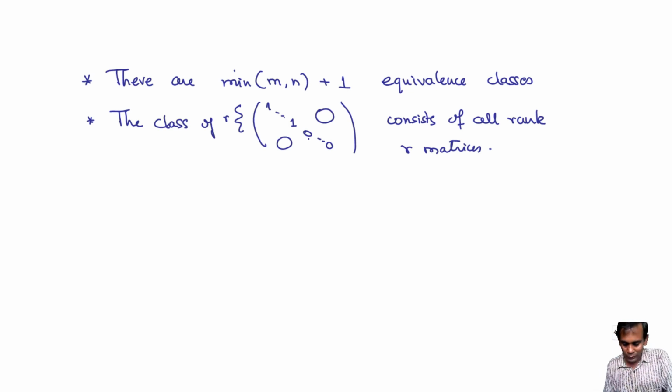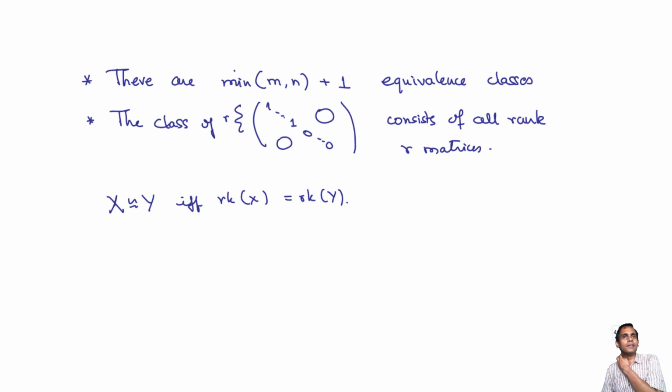So now we have found the invariant that we wanted. So we have the canonical form, and the invariant is: x is equivalent to y if and only if rank of x is equal to rank of y.